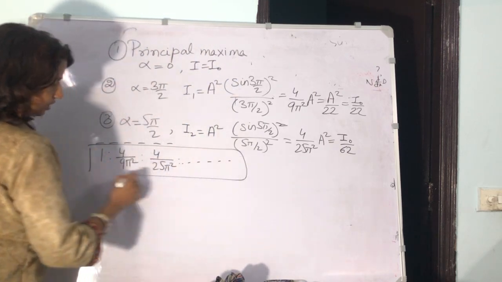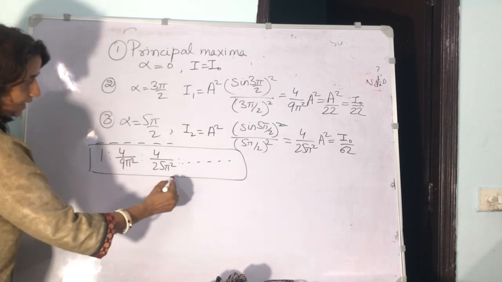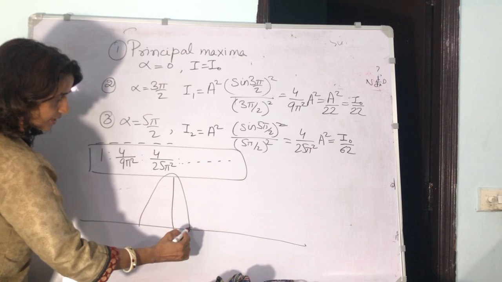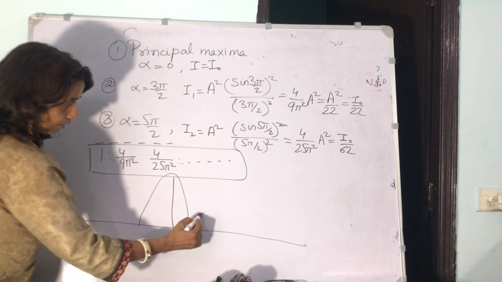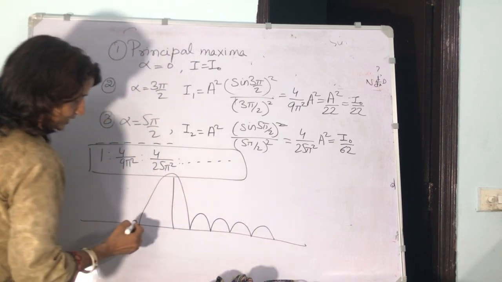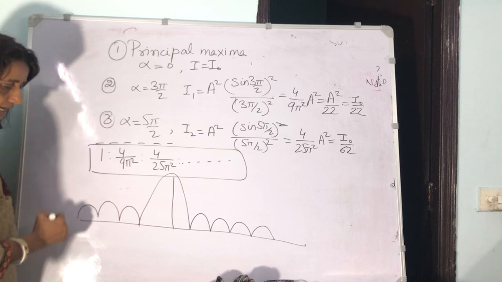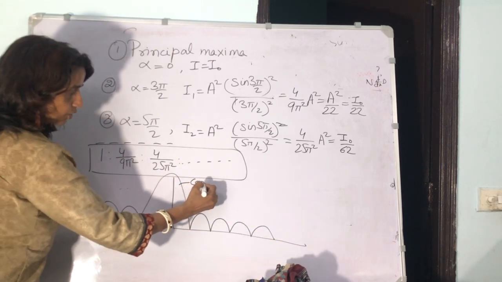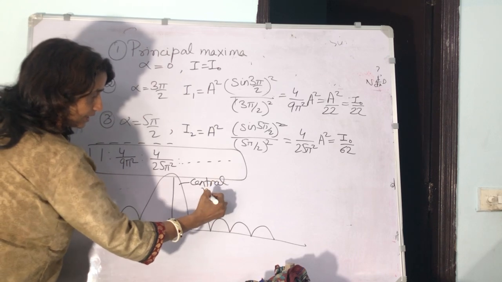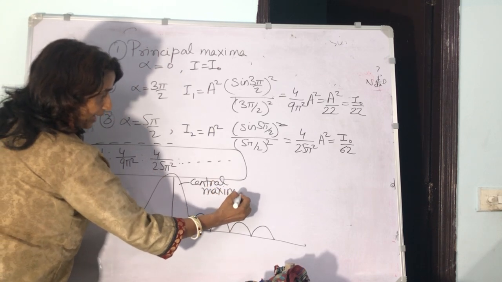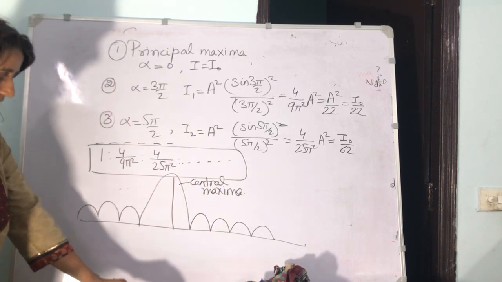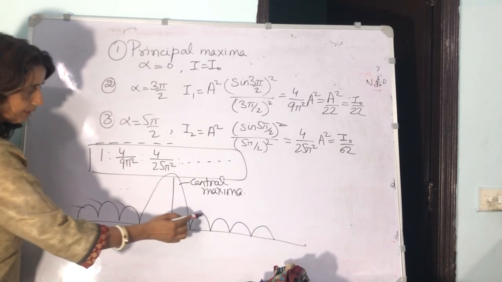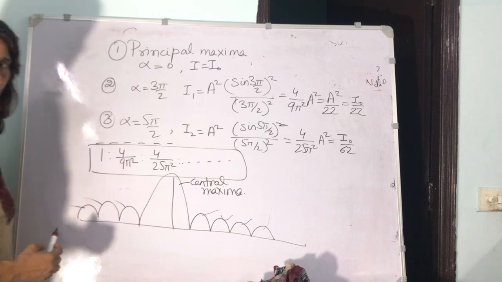The diffraction pattern consists of a central maxima followed by secondary maxima and minima, and maximum light is concentrated in the central maxima, and the intensity of the secondary maxima and minima decreases very fast. Thank you.